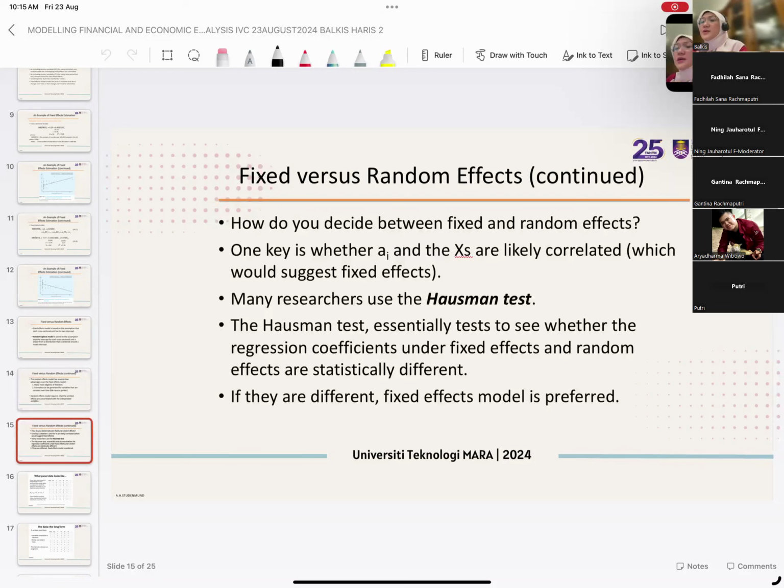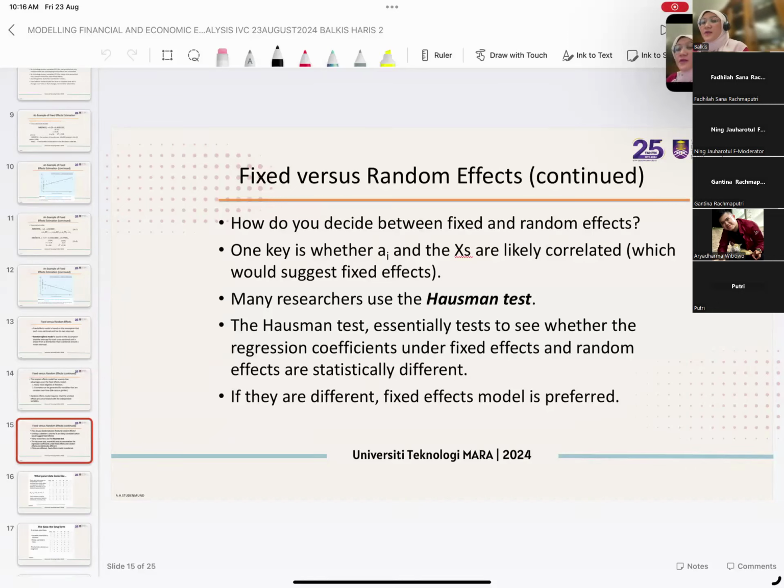And how do we decide which one to choose, whether fixed effects or random effects? We use the Hausman test to decide whether to analyze using fixed effects or random effects. The Hausman test tests whether the regression coefficients under fixed effects and random effects are statistically different.